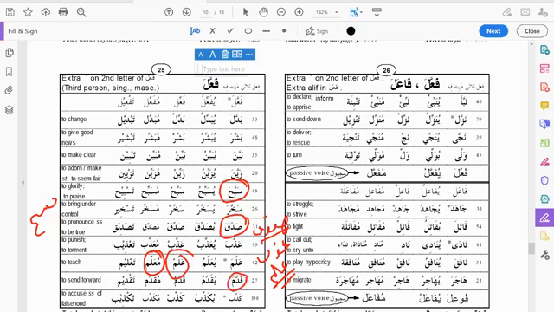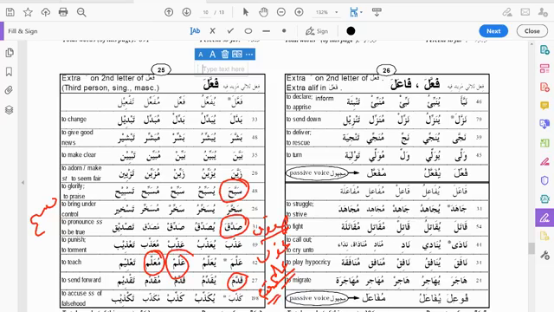Qaddama comes from the root qadima. The word qadima means they came. قدم, came. But قدم would mean something different, because قدم can mean to present.